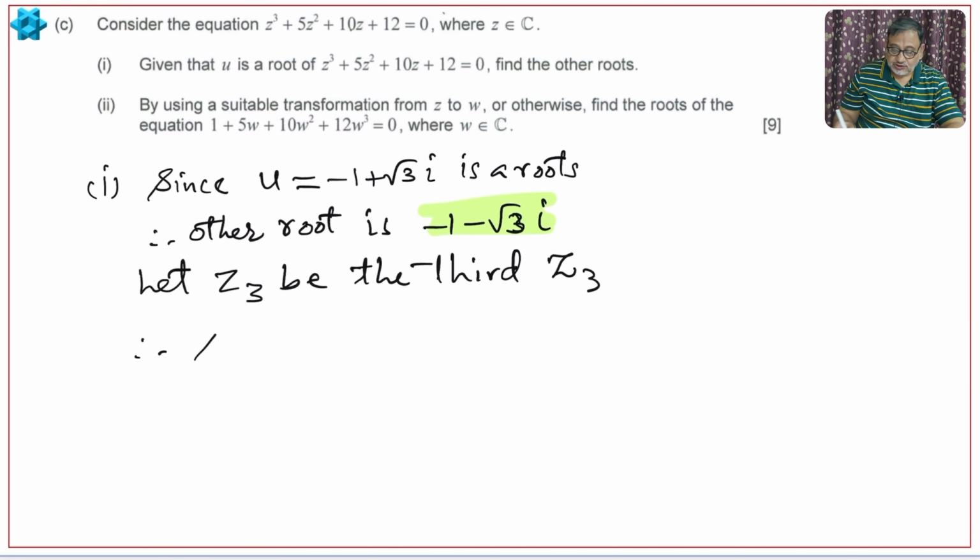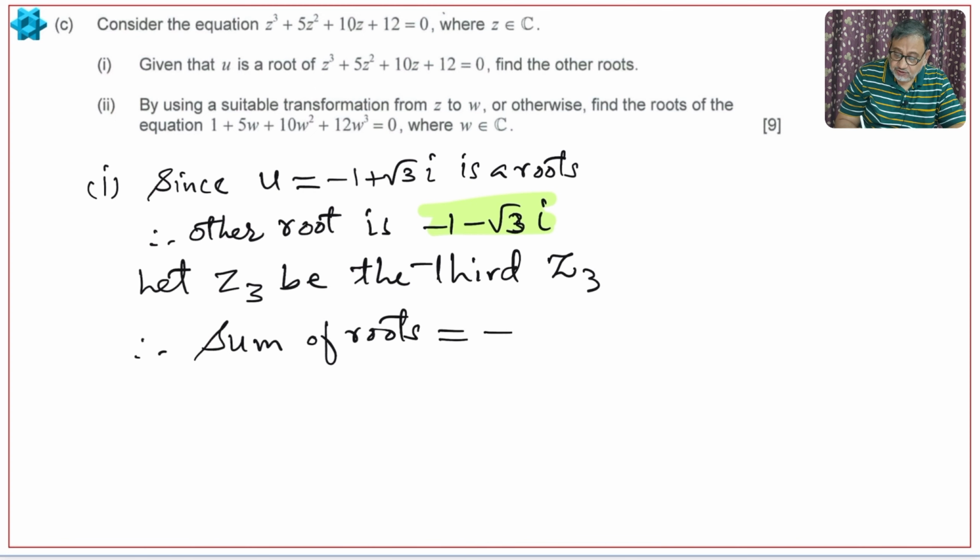So therefore, now look here. Sum of the roots will be minus a n minus 1 over a n, isn't it? This you must have learnt, finding the sum of the roots and the product of the roots.